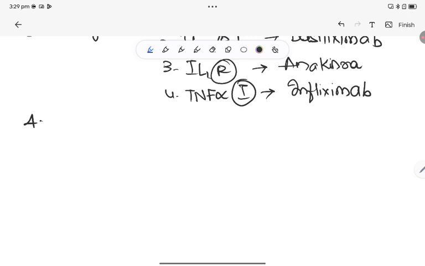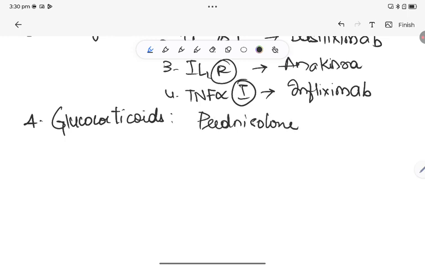Now let us talk about the most important and most often used immunosuppressant agent. Those are glucocorticoids and obviously prednisolone, hydrocortisone. Finally, anti-cancer chemotherapy, anti-metabolites.